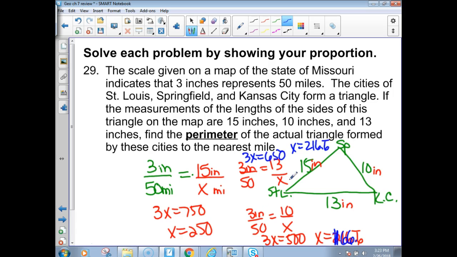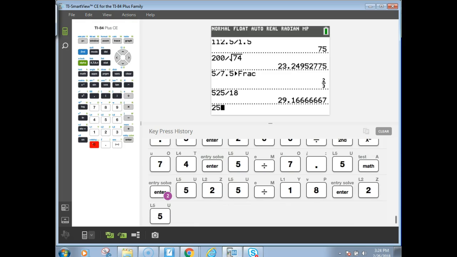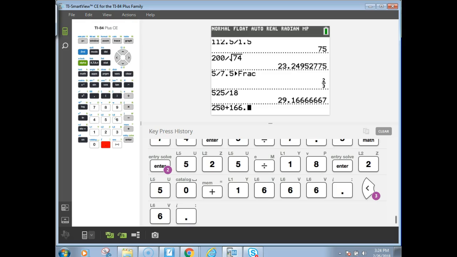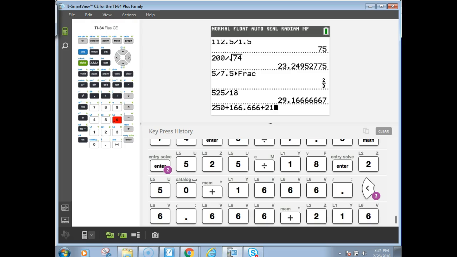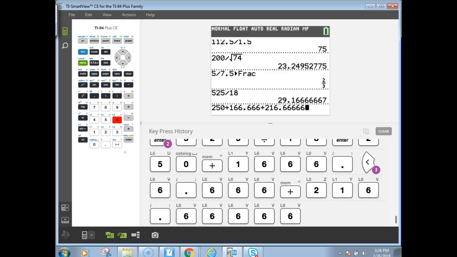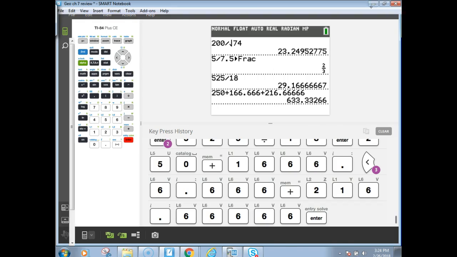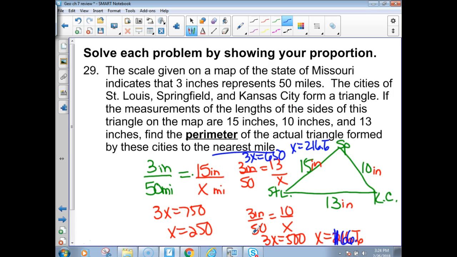All right, let's add those up. So here's what we really need to do. We need to take our 250 plus our 166.6, plus the other one, 216.6666, whatever. Hit enter, and your distance is 633 because it said to round to the nearest mile.